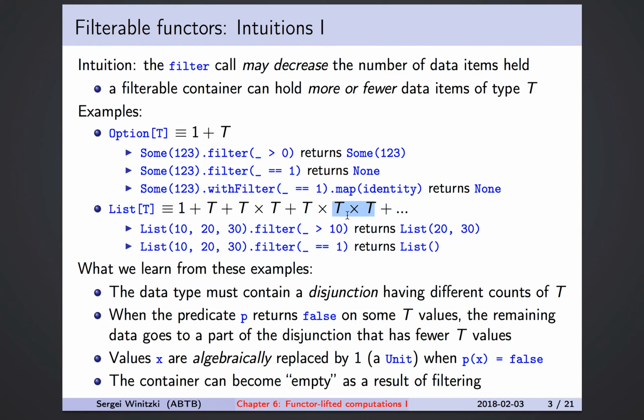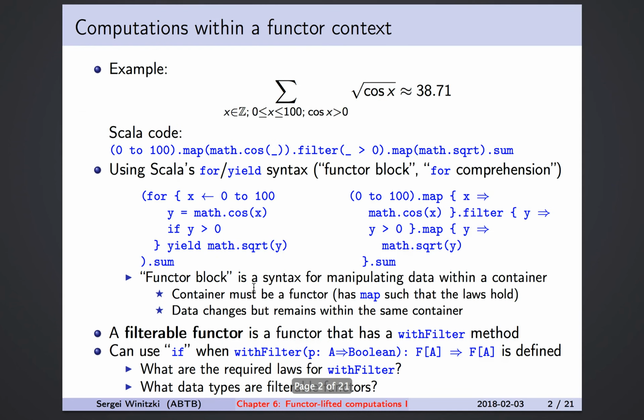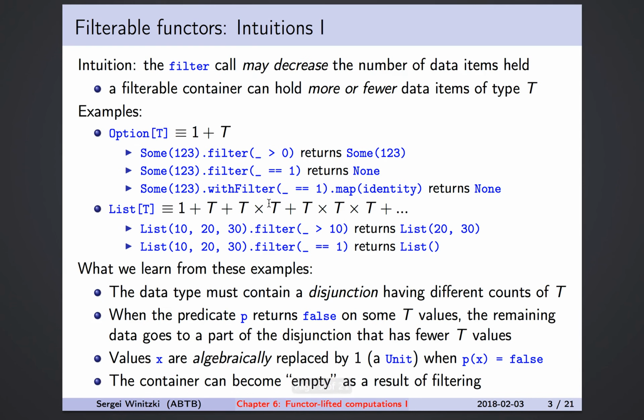We still had these 2, so we put them into these 2 data items in this part of the disjunction. So the data goes from one part of the disjunction to another as necessary, according to whether the predicate P, the function from T to Boolean, returns false on some T values or true on the values that you actually have in your functor.